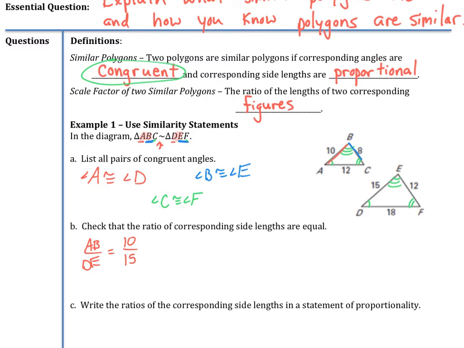BC and EF are the second two letters. So BC matches up with EF. So we get 8 over 12. And then lastly, we have AC. A is first, C is third, and D is first, and F is third. So AC matches up with DF.